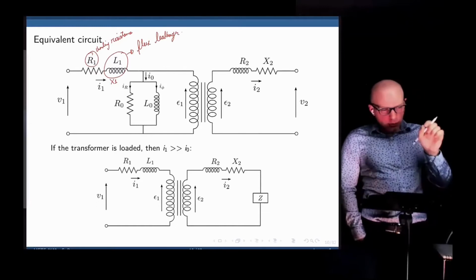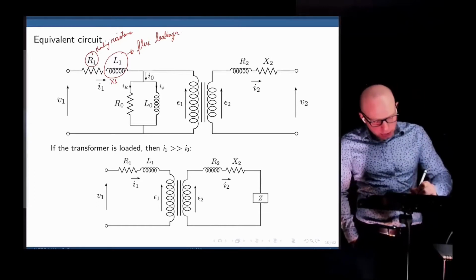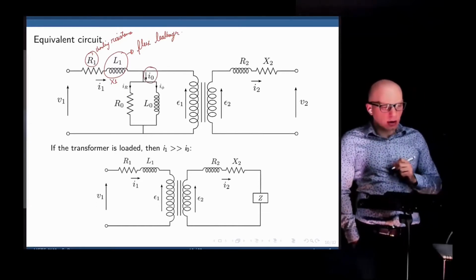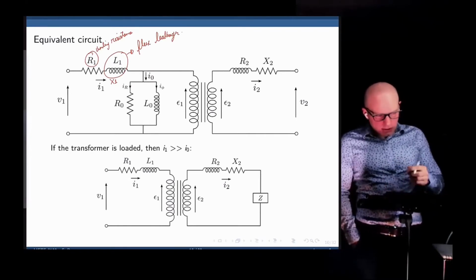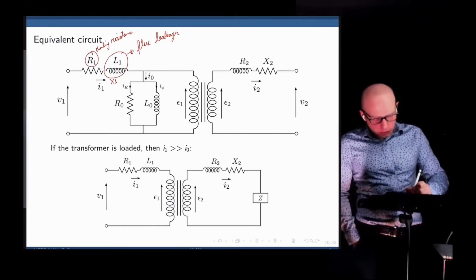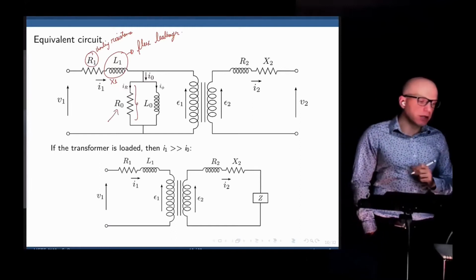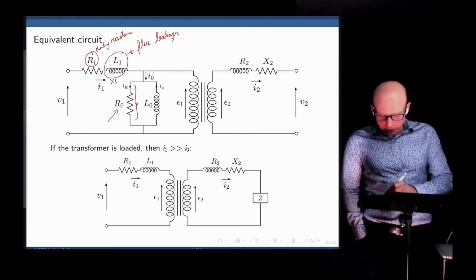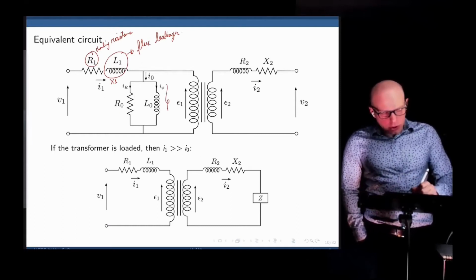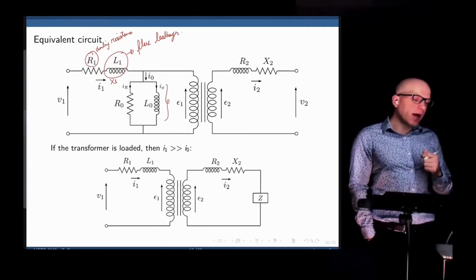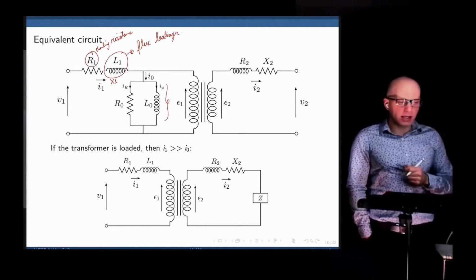Then you have these two elements in parallel. We see here our magnetizing current, the no load current, which is split into two. The first one goes through the core that has a resistance R and is dissipated there in the form of Joule losses. And the second component of I0 goes through the core, but is now responsible for magnetizing the core, and that's I phi.